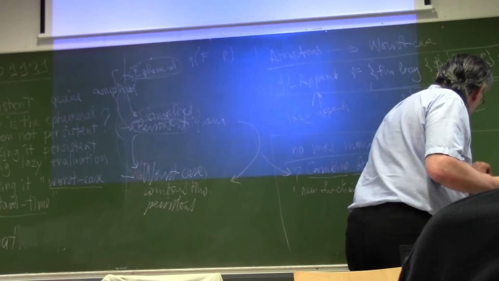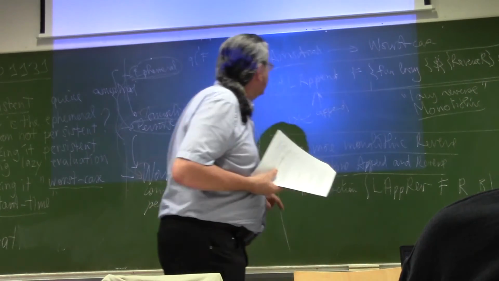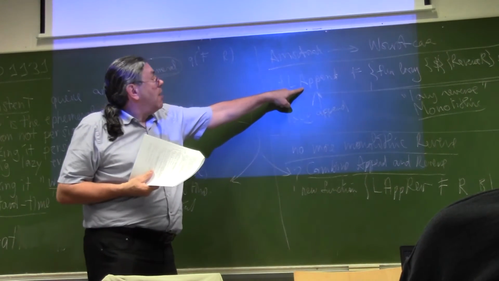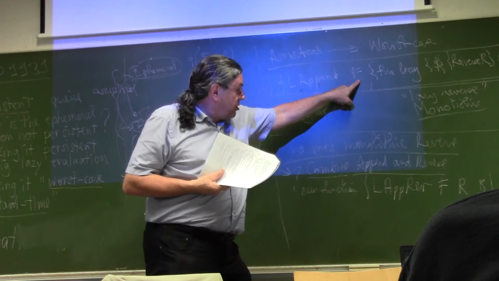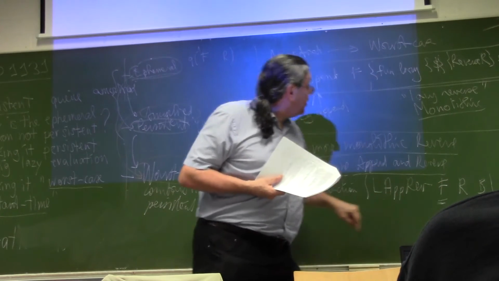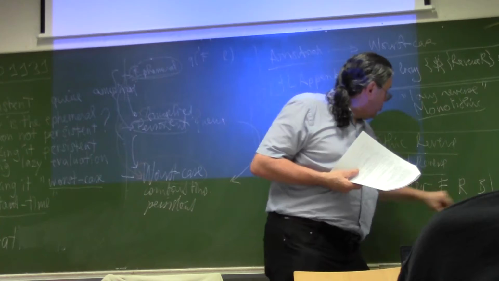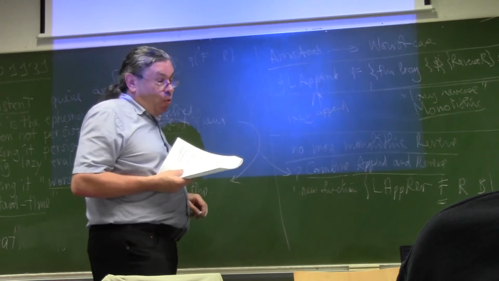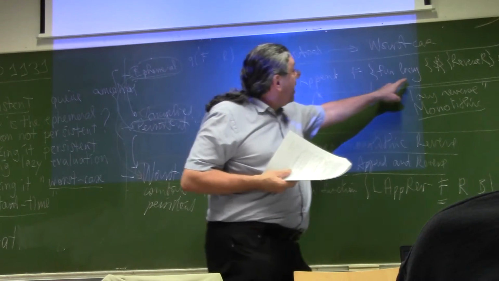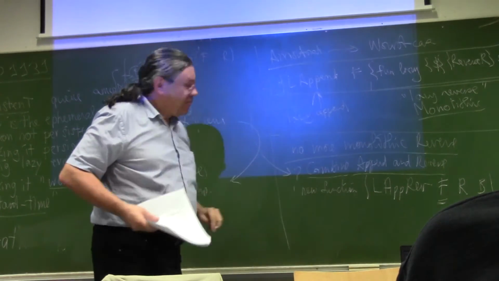It has both F and R as arguments, and it also has the accumulating parameter of the reverse. So I take the append of F and the reverse of R, with this accumulating parameter, and make one function that combines those two.